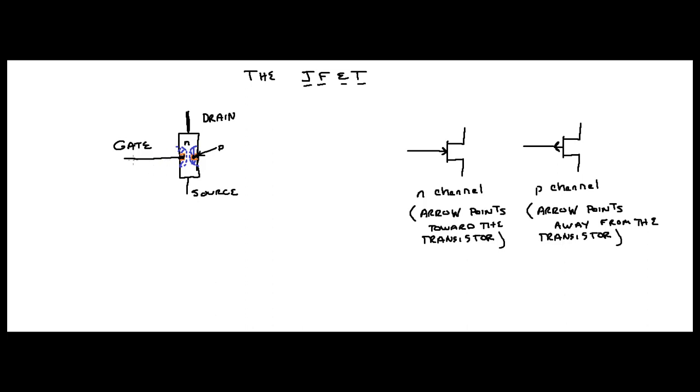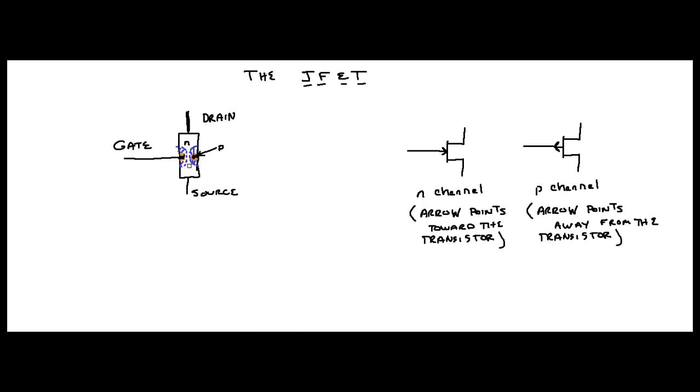So depending on the voltage on this gate, you can increase or decrease this depletion region. And how I drew it, you can see it's quite narrow here, so the amount of current that can go through there is restricted, right?